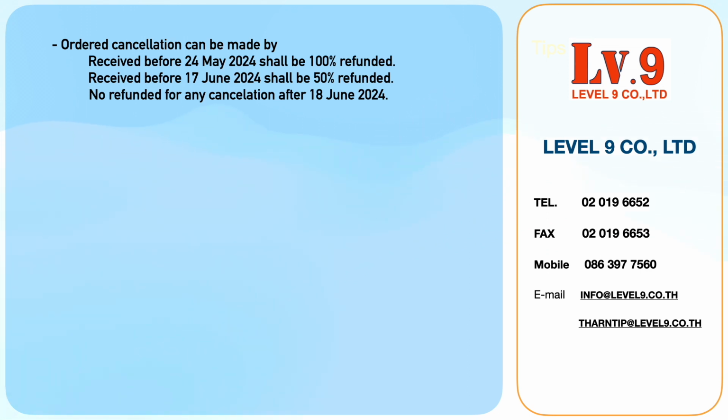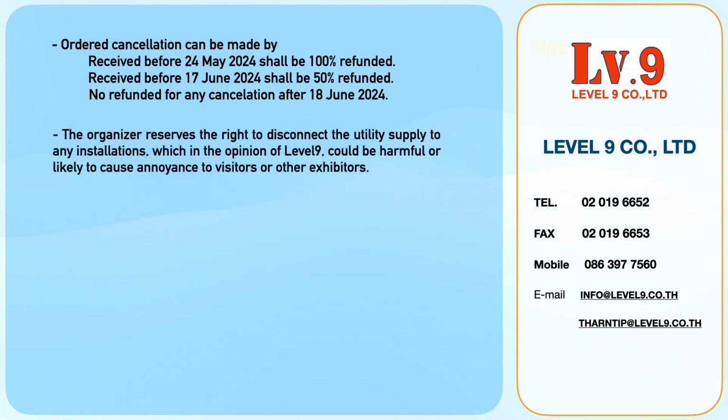Customers who have reserved and paid for service from May 25th to June 17 will receive a 50% refund, and if the cancellation is made after June 18, no refund will be issued. The company reserves the right to turn off or not turn on the system if any unsafe or non-compliant installations with venue regulations are found.